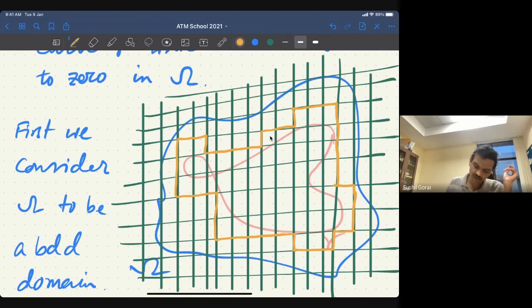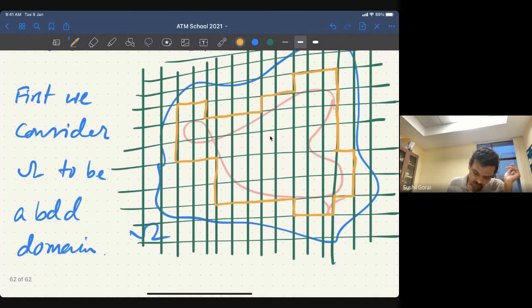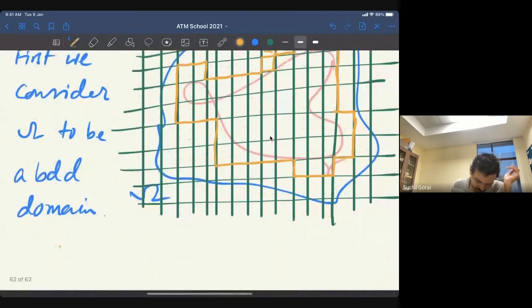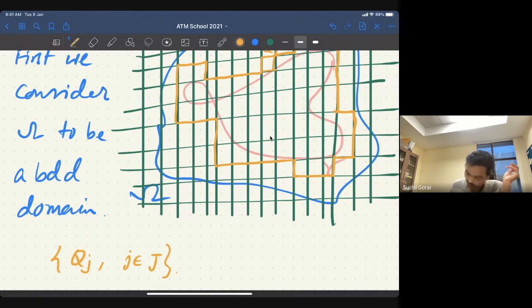Right, so consider all these rectangles. One can do this with finitely many squares. Each of them you can call Qj. So this is the rectangle Qj, j belongs to J.